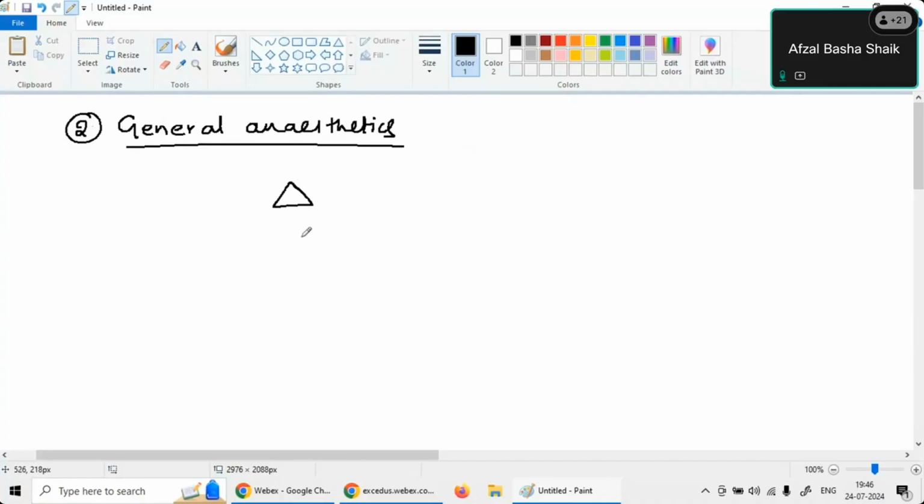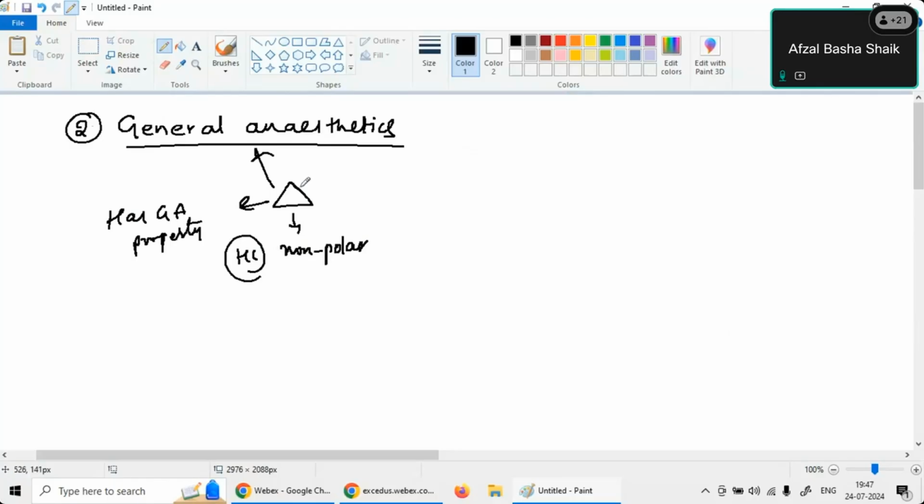Cyclopropane. This particular cyclopropane has general anesthetic property. Why? Whether it is polar or non-polar? It is a hydrocarbon, non-polar. Whenever it penetrates into the CNS, it has general anesthetic property.